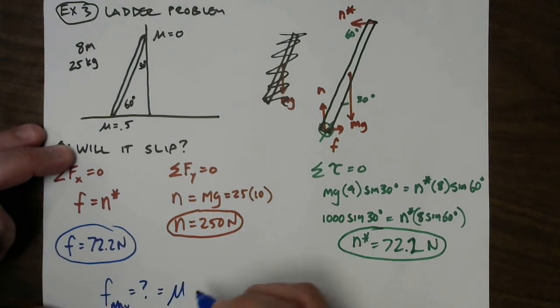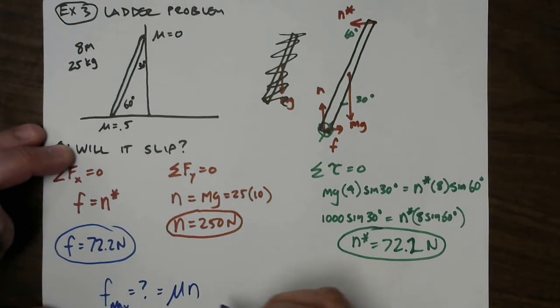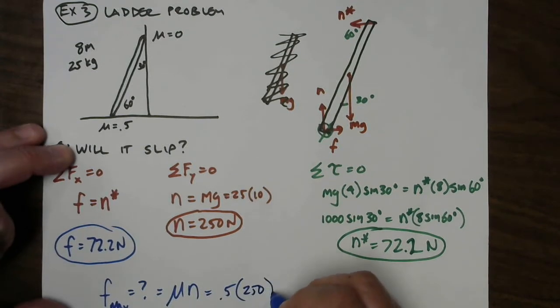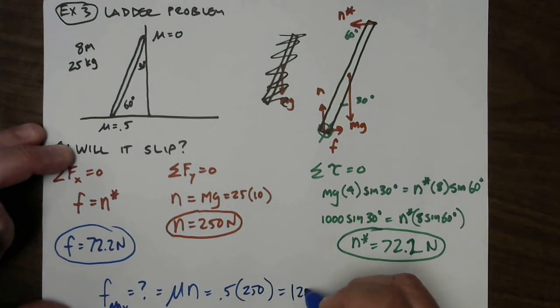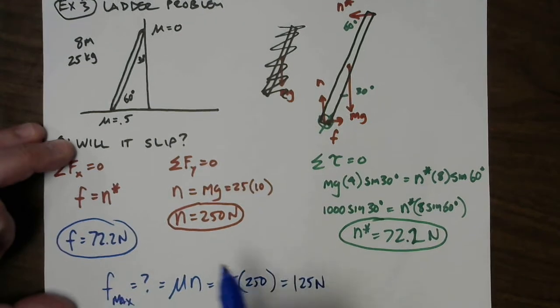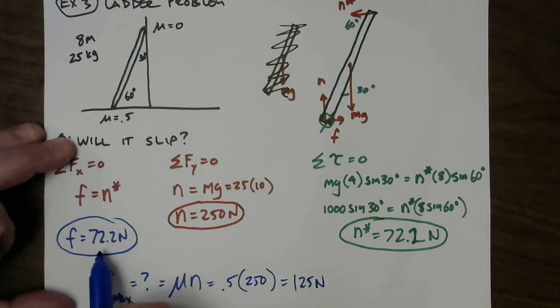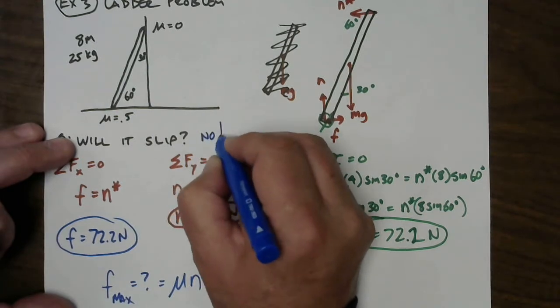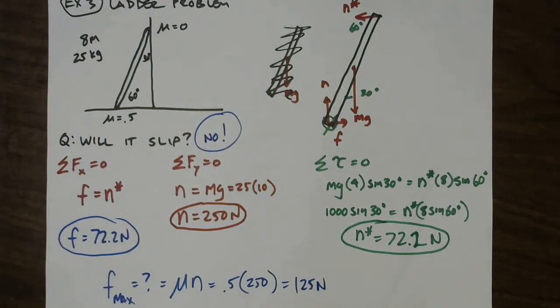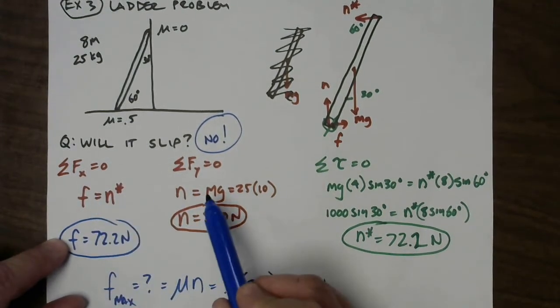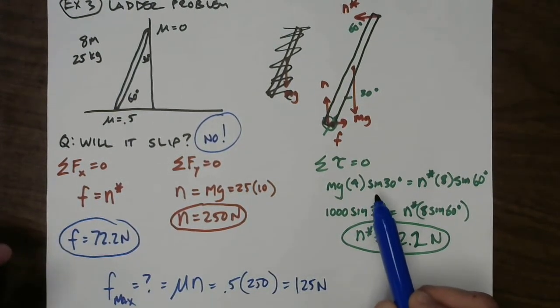Well, that's going to be our coefficient of friction times the normal, which is going to be 0.5 times 250. So it looks like our maximum friction force that we can get is 125. It will slip if we need more than 125 newtons worth of friction, but we only need 72.2. We need less than half of the maximum amount. This will not slip.